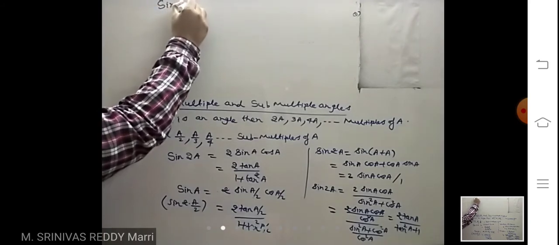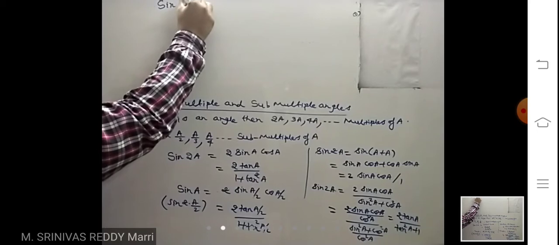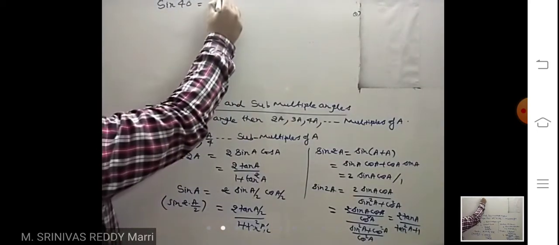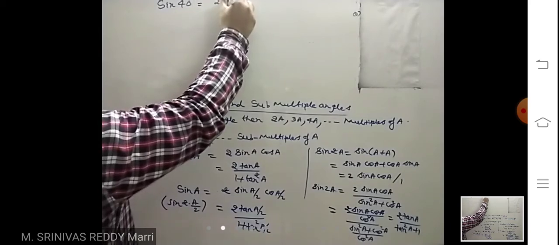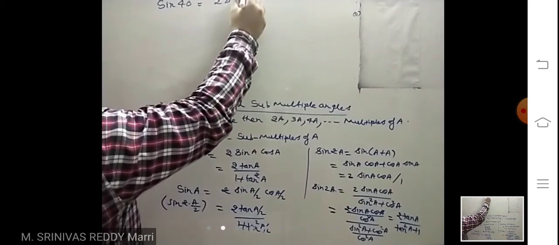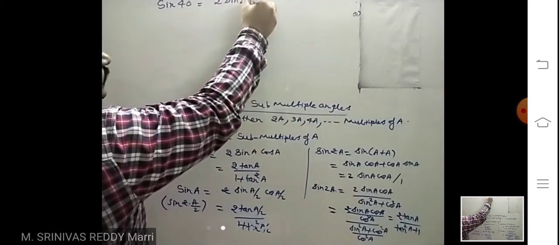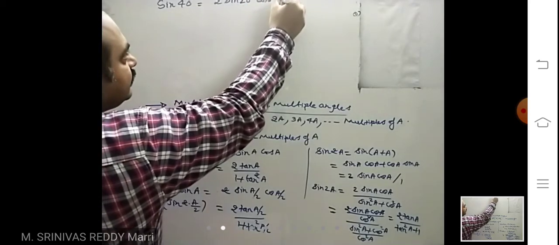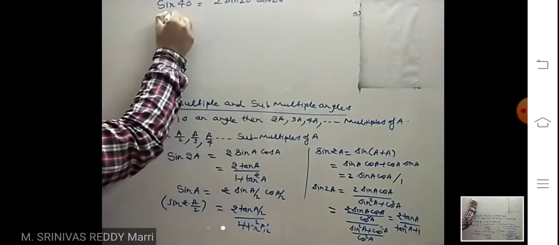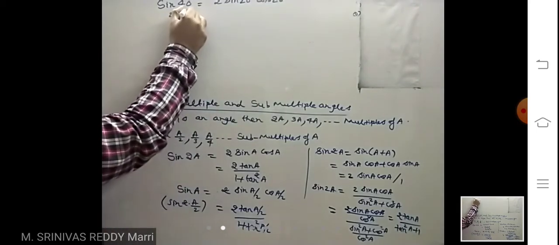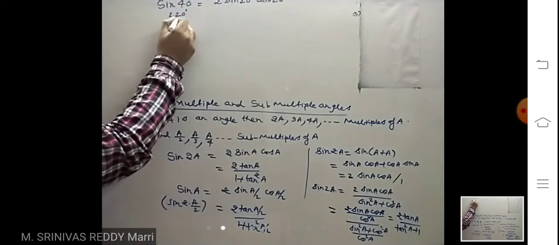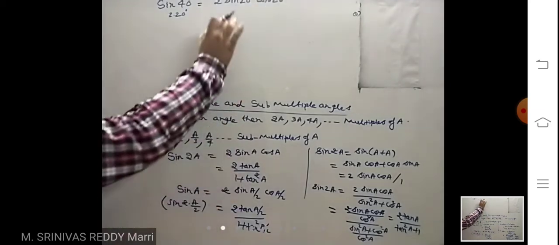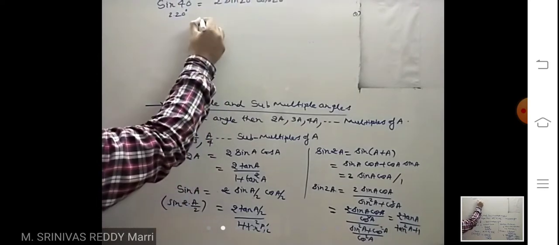Suppose sine 40 degree is there. You want to convert into 20. That means 2 sine 20 degree cos 20 degree. This is 2 into 20, this is sine 2A, that means 2 sine A cos A. Like that, you convert into half the angle.